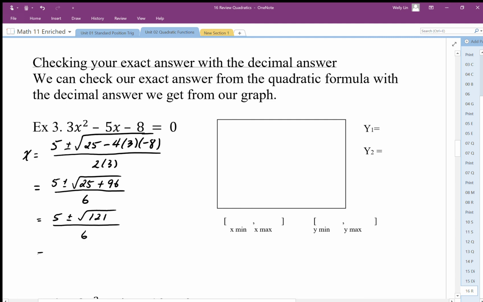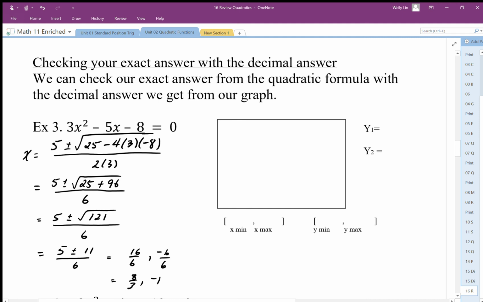And 121 is a perfect square, so we end up with 5 plus or minus 11 over 6. Okay, so we get 16 over 6 as one solution, and negative 6 over 6 as the other solution. So that's going to be 8 over 3 and negative 1.